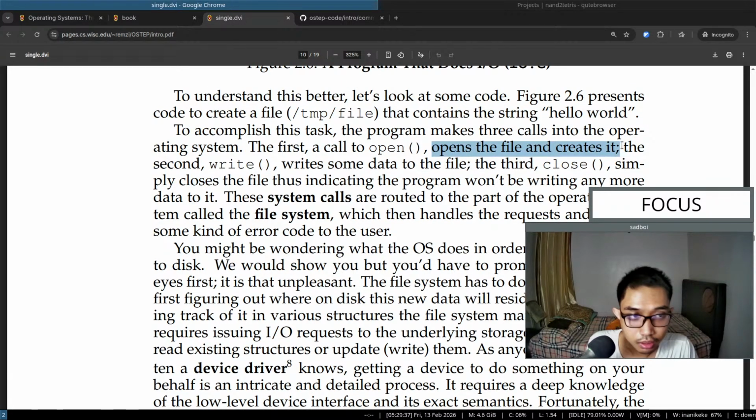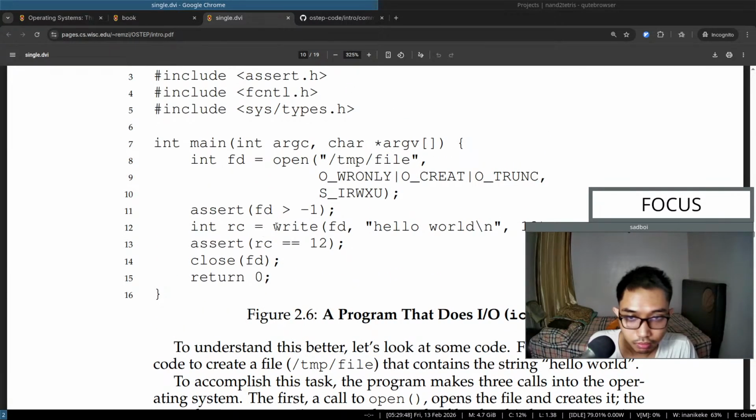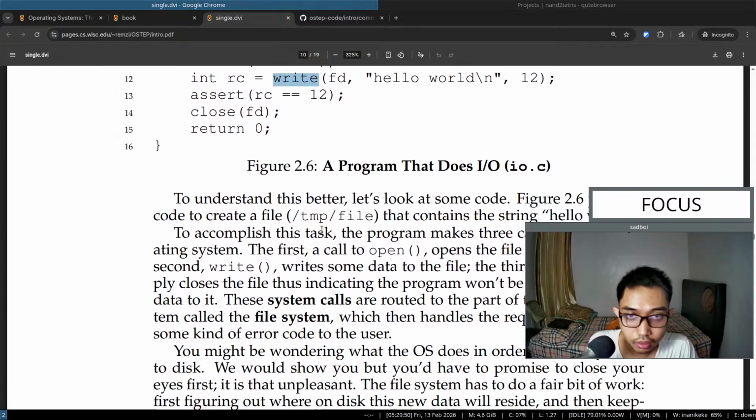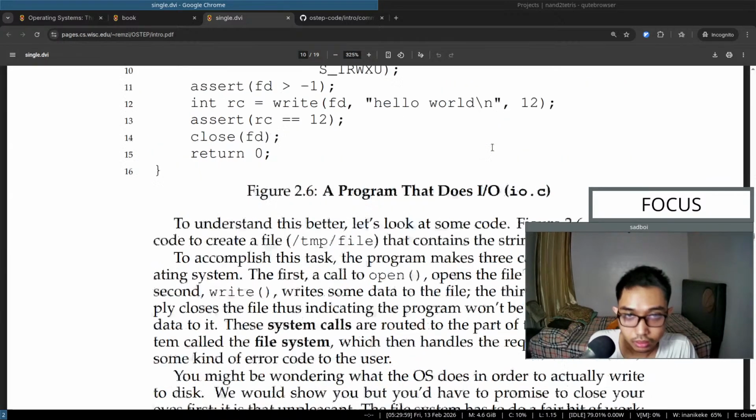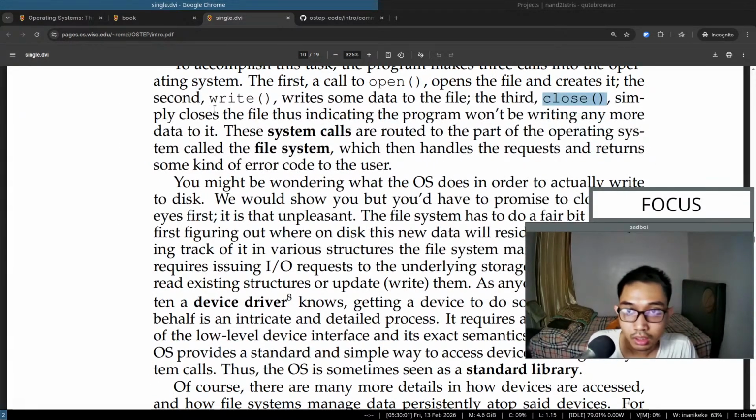Open the file and create it if it does not exist yet. I assume the second is right. This one, the write function, writes some data to the file. Then the file is closed. Simply close the file, thus indicating the program won't be writing any more data to it.